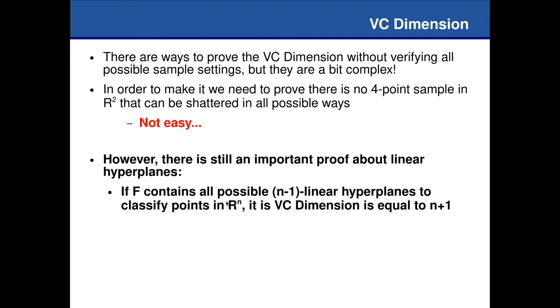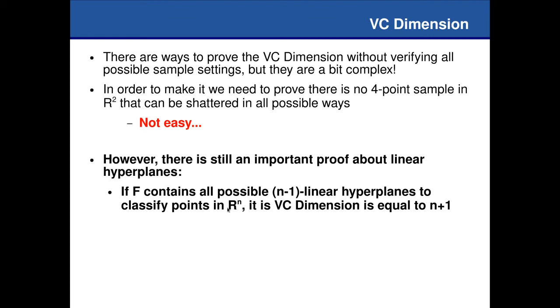So if I am working in R2, my hyperplane is going to be a line. This means it is 2 minus 1, a one-dimensional object. That's simple, of course. And the VC dimension is always the number of dimensions of my input space plus 1, for a single hyperplane.